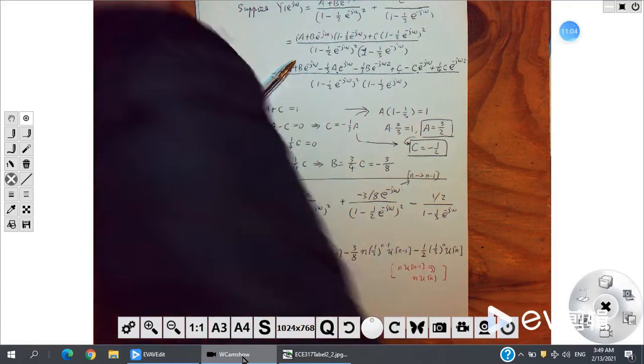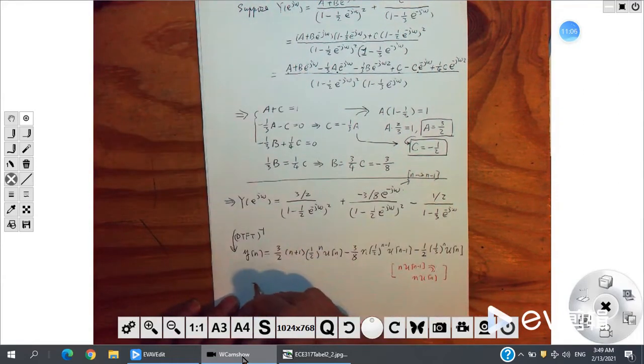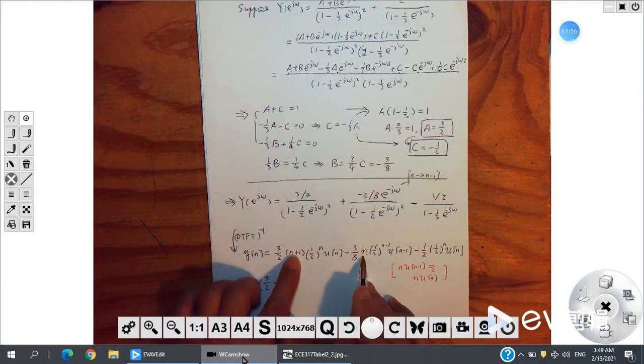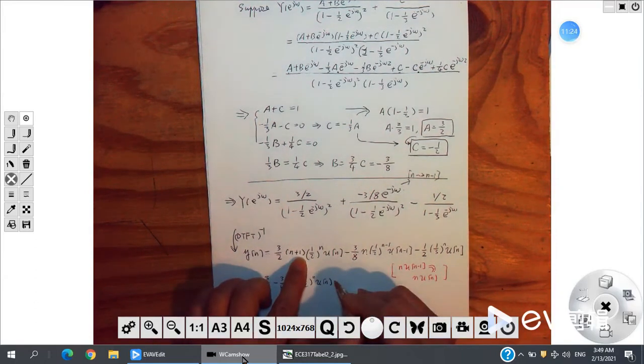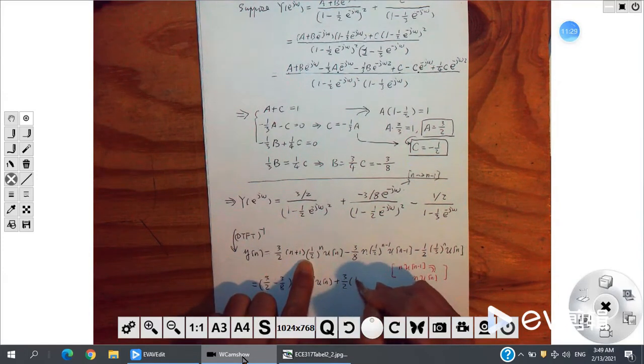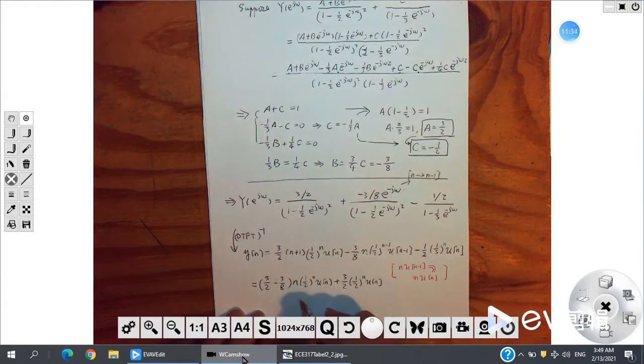This is the term with n: there will be 3 over 2 minus 3 over 8 times n, both contain n, and 1/2 to the n u of n. And another part is 3 over 2, no n term, here is just 1/2 to the n u of n. And the last term is minus 1/2, 1/3 to the n times u of n.